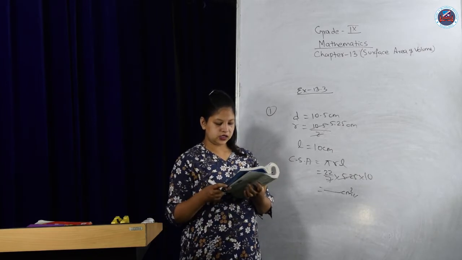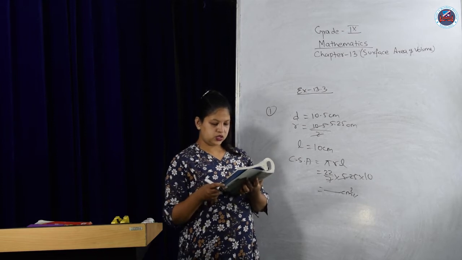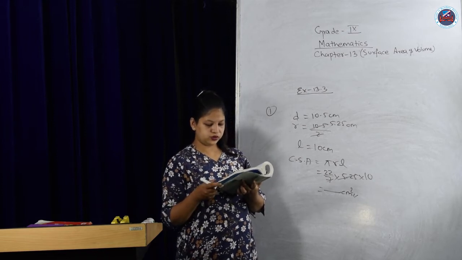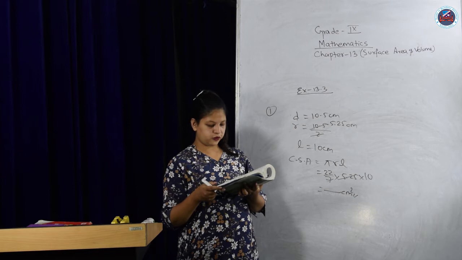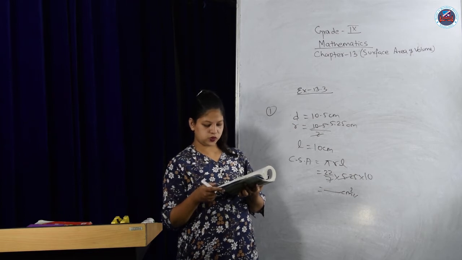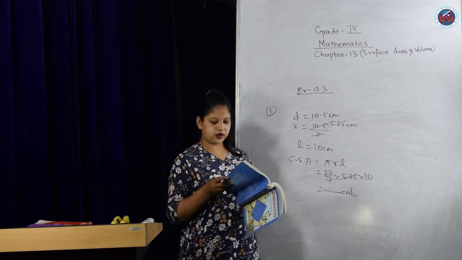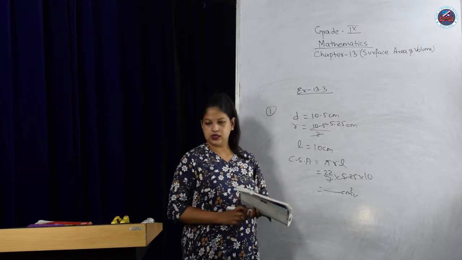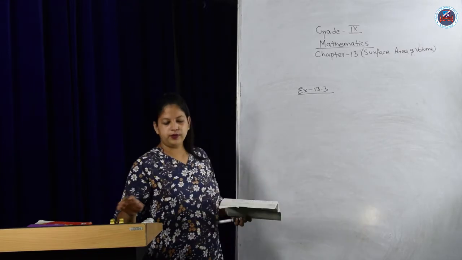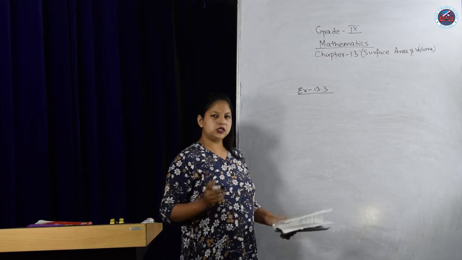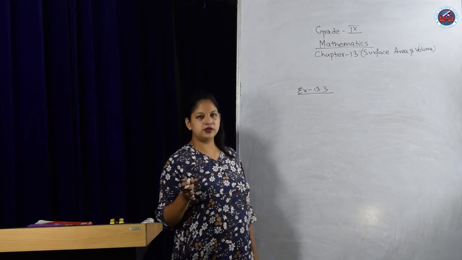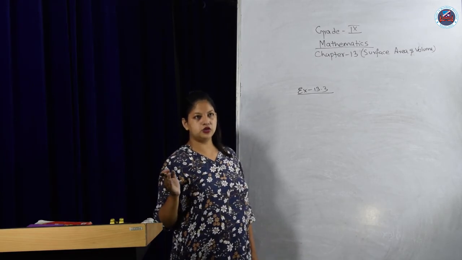Like that, continue. Number 3, 4, 5 also you can do. Question number 7, where number is involved, that one I'll do. But remember one more concept. Somewhere in the question, height will be given, but they will be asking you to find CSA.